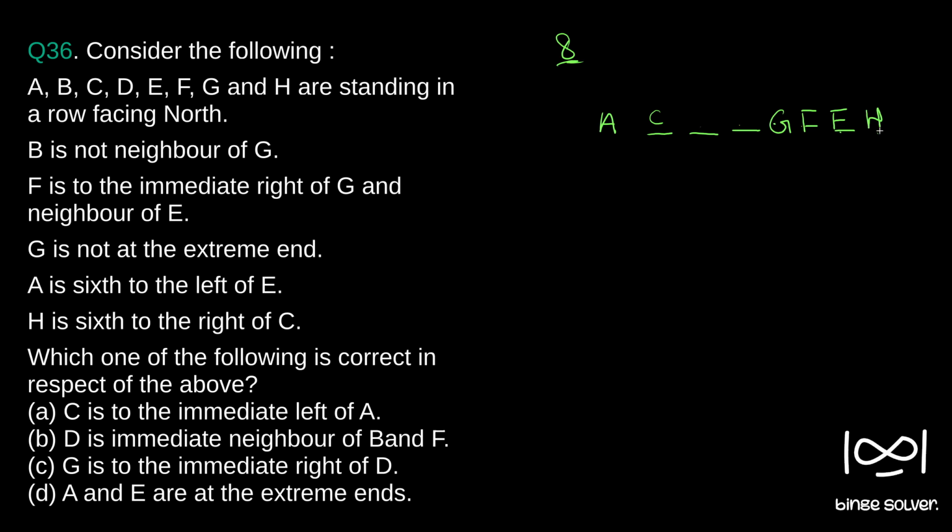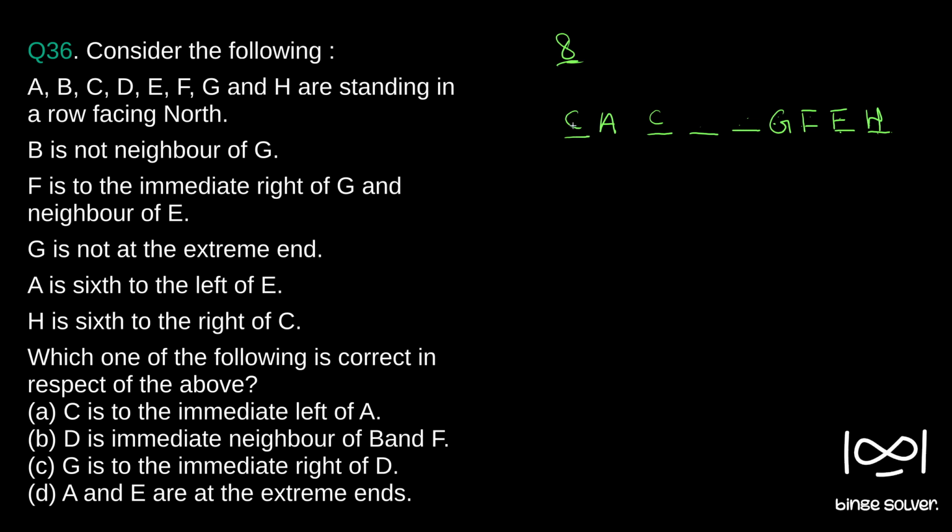H would be here. And that is one possibility. If C was somewhere here, if you assume C was here, then H would be 1, 2, 3, 4, 5. There is one person here and H, so there will be totally 9 people. That is not possible. So the only possibility is C appearing here or C appearing somewhere before A.